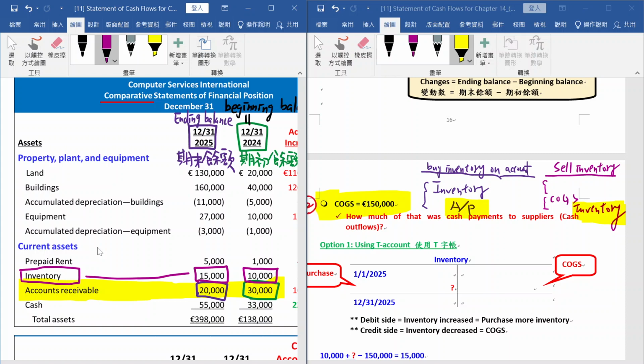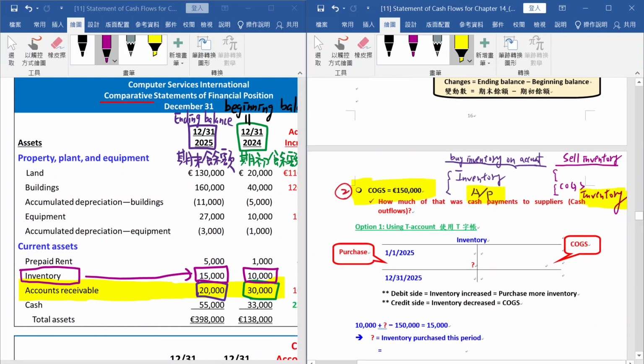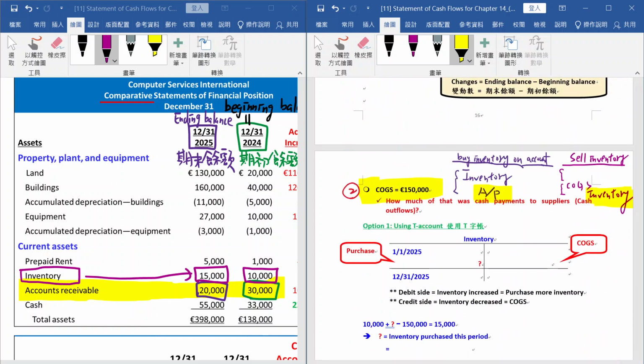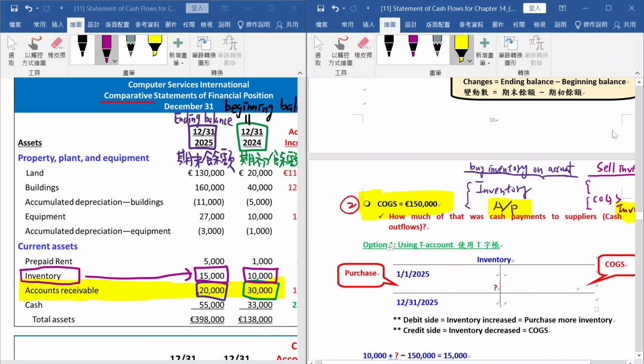So did you find your first friend? Based on the beginning balance and ending balance, you just write down the numbers on your T account for your first friend on your page 17. You find you have beginning balance $10,000 and ending balance $15,000. Any questions?